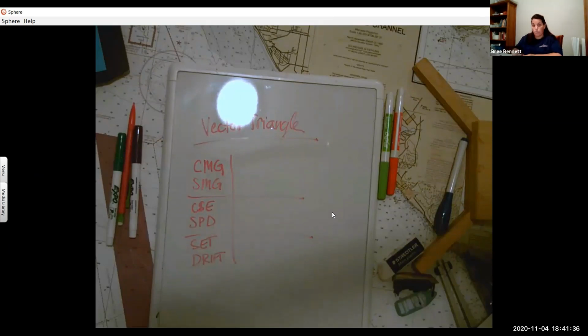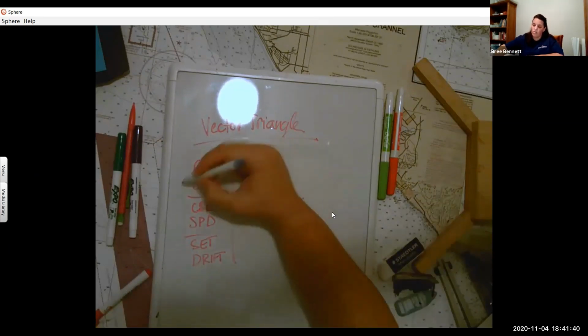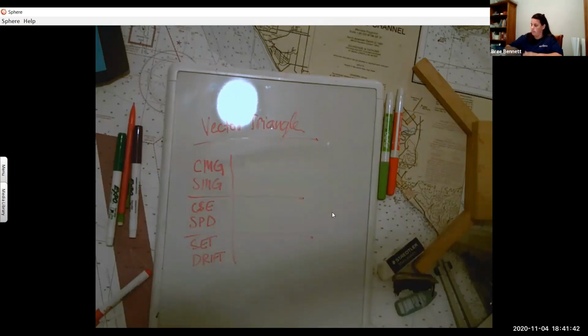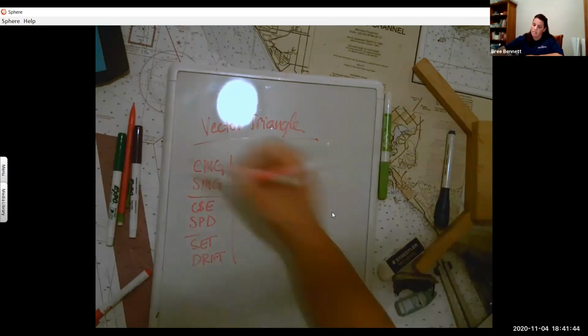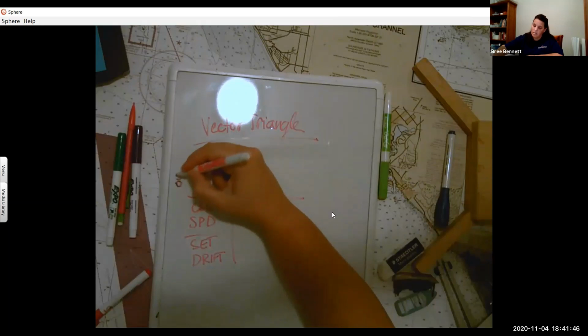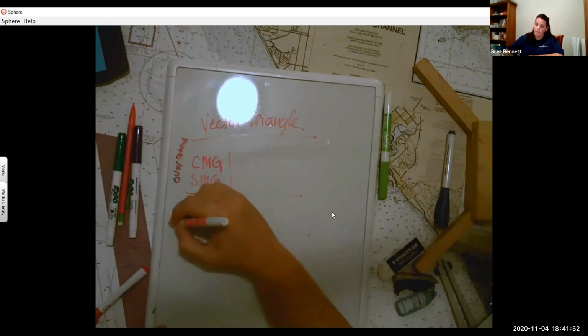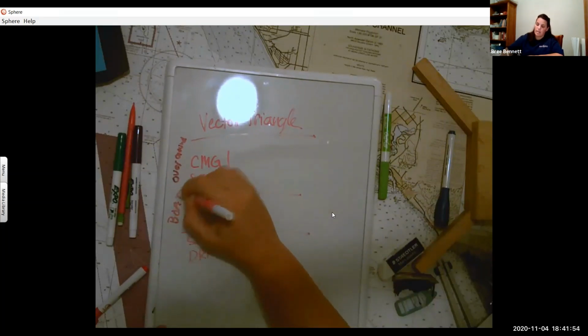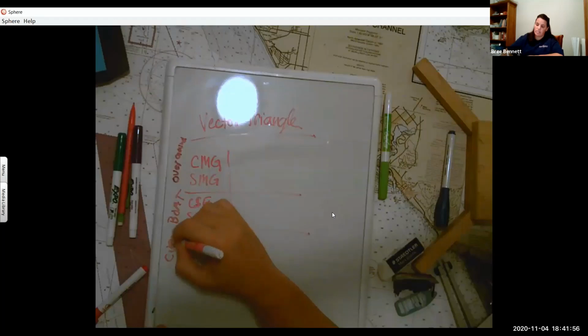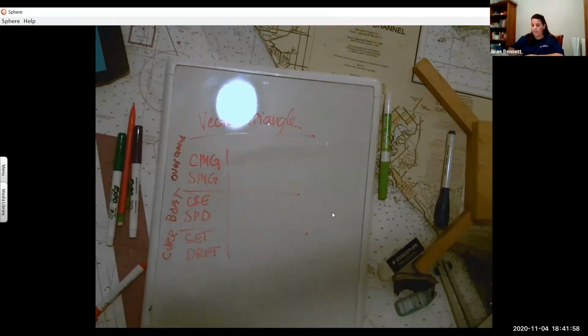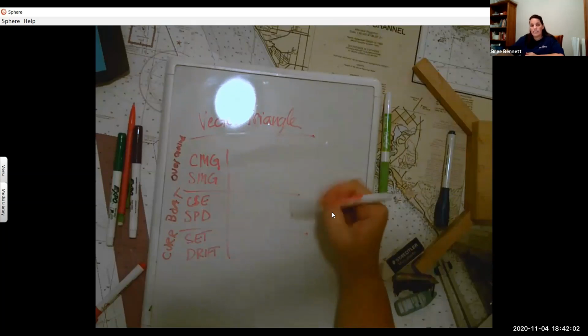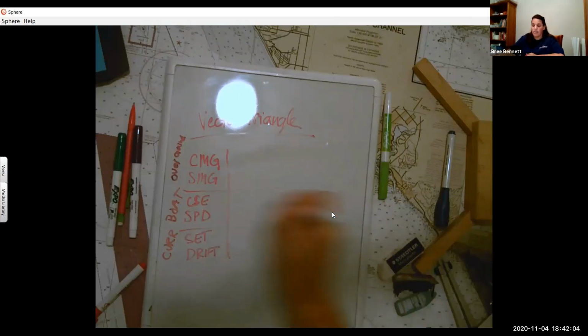So we have 3 lines of our triangle. We have the overground, or made good. None of my markers are working. We have the boat. And then we have the current. We have our 3 legs, and we have to make sure what we want is specific for each leg.